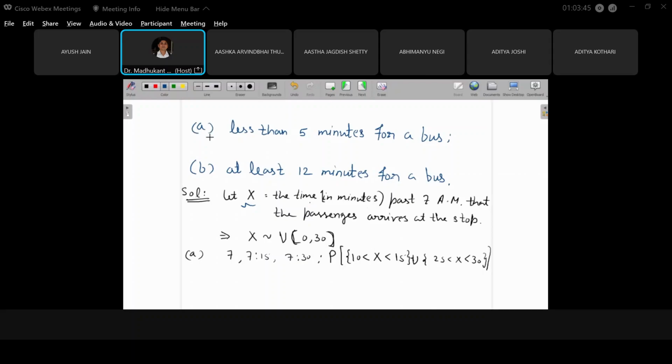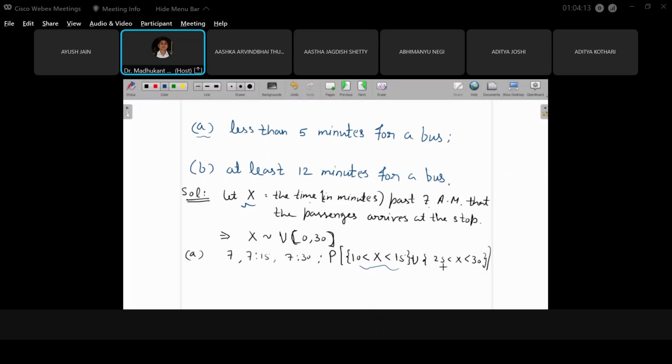Now, if you look at the first problem, he should wait less than 5 minutes for a bus. So what is the interval in which he should arrive? After 7, the next bus is at 7:15. So he should arrive between 7:10 and 7:15, then he will wait less than 5 minutes.